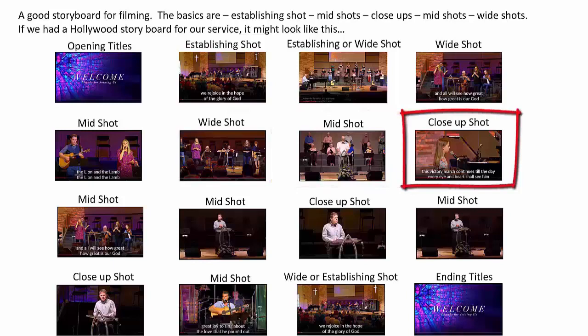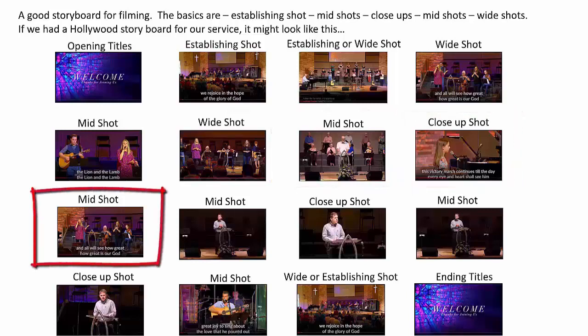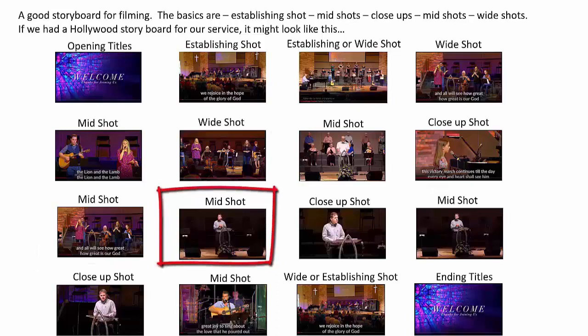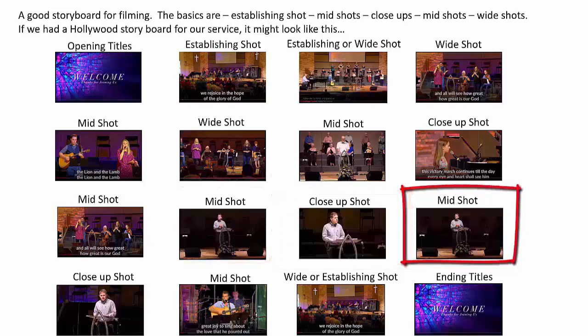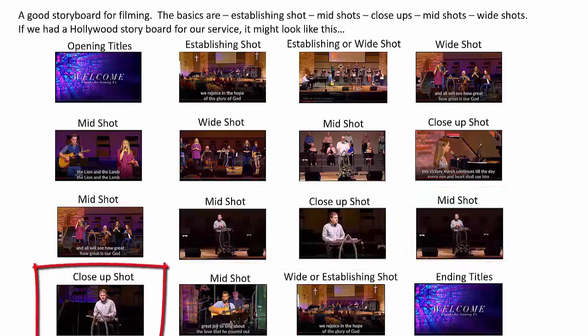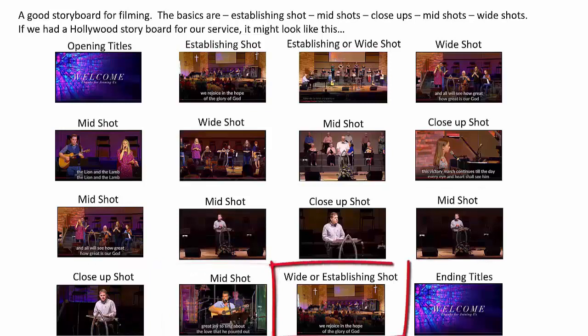From the mid shot, we can go to a close-up shot, and then we'd move back out to a mid shot, maybe another mid shot, back into a close-up, then mid shot, then close-up, and then a mid shot, and then a wide or establishing shot as we exit the video. Then finally, ending titles.